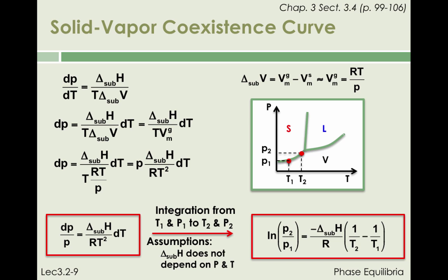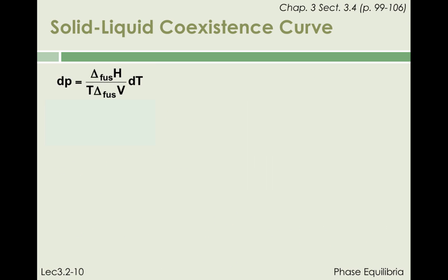Again, we assume that the molar sublimation enthalpy change is independent of pressure and temperature and equal to the sublimation enthalpy change near the triple point. For the liquid-vapor and solid-vapor coexistence curves, we neglected the molar volume of the condensed phase, solid or liquid, in comparison to that of the vapor phase.